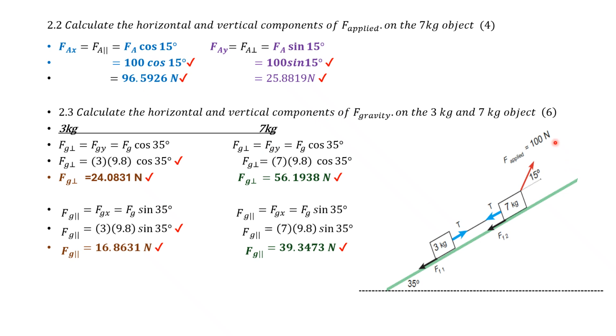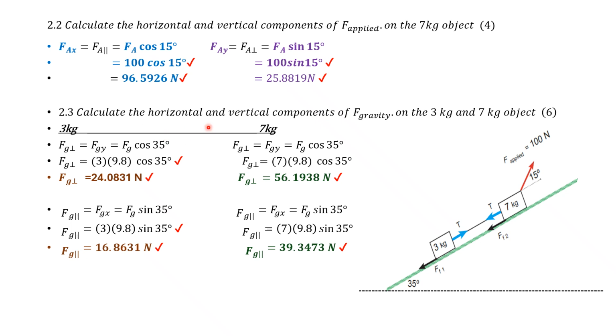My applied force given there was 100, so 100 times cos 15 gives me 96,5926 newtons. My force in the y direction, applied force, FA sine 15, 100 sine 15 degrees gives me 25,8819 newtons. Right? So that's my two components.